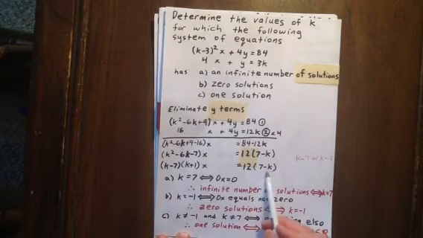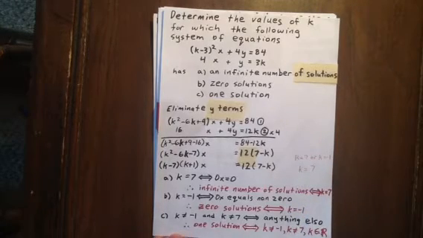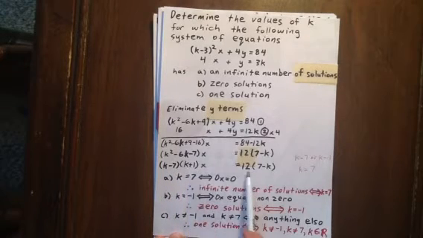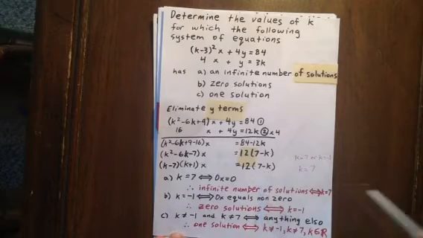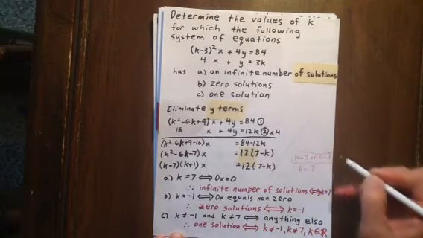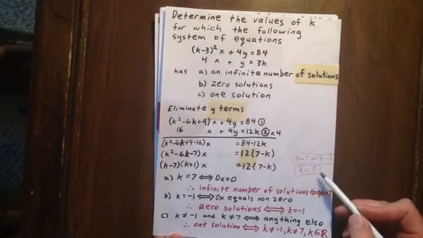If 7 minus k equals 0, then k equals 7. So the only way that we can have an infinite number of solutions is if this equals 0 and this equals 0, in other words, if this statement and this statement are both true.